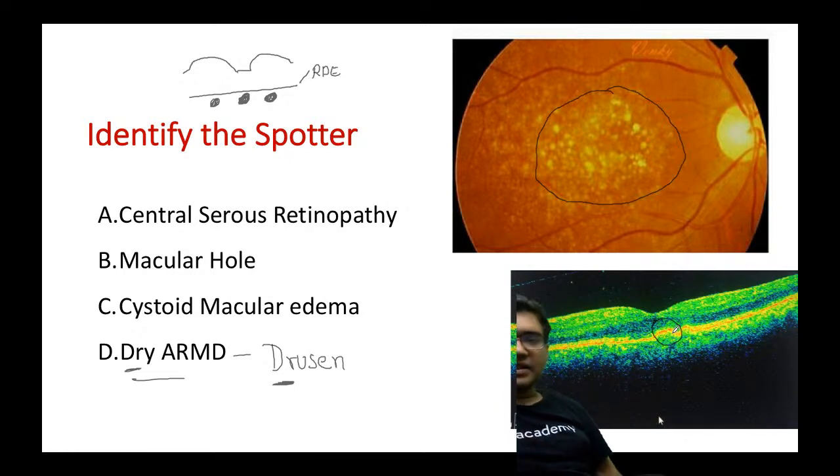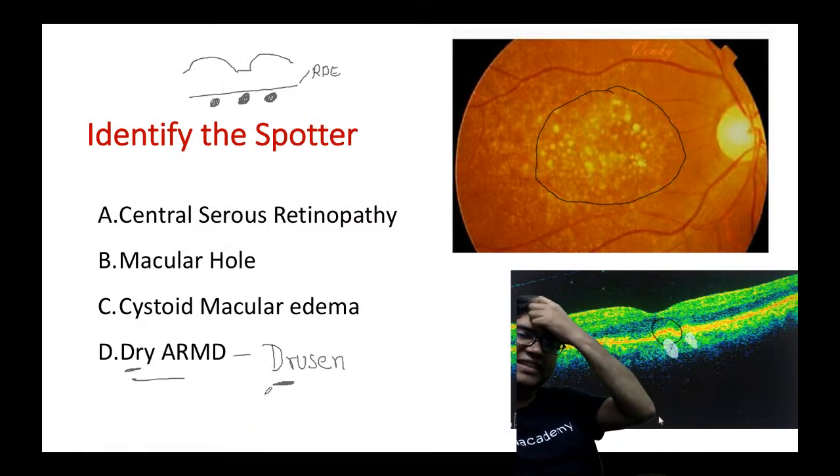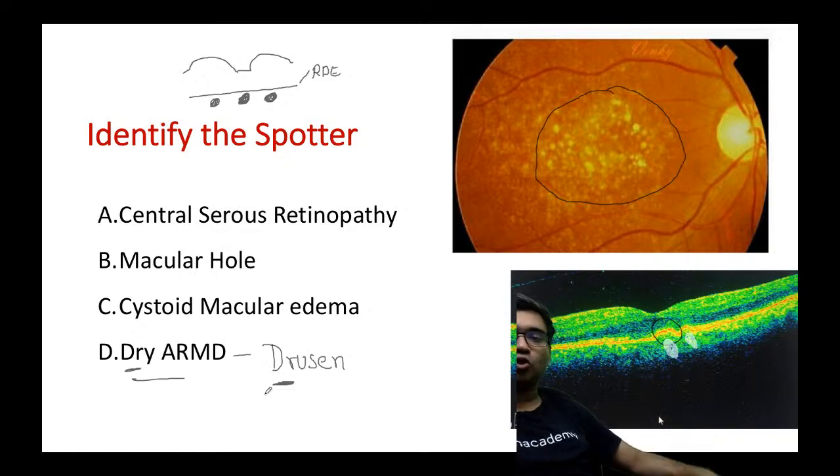So Dr. Sneha, if you can see, this RPE is elevated. So something is going on beneath the RPE. If the lesion is beneath the RPE, and this is a yellowish type of lesion like this, which has discrete margins, hard exudates also definitely look like this. But your OCT can tell whether it is a hard exudate or a drusen.